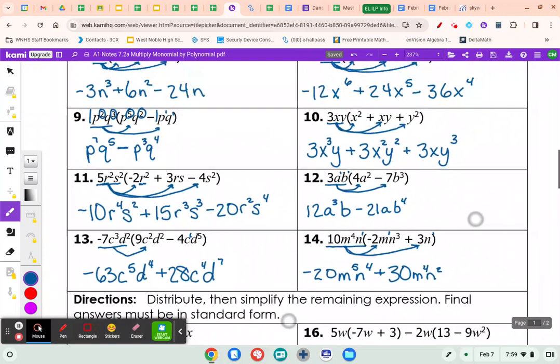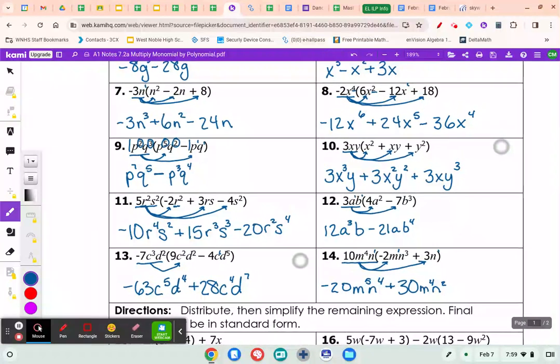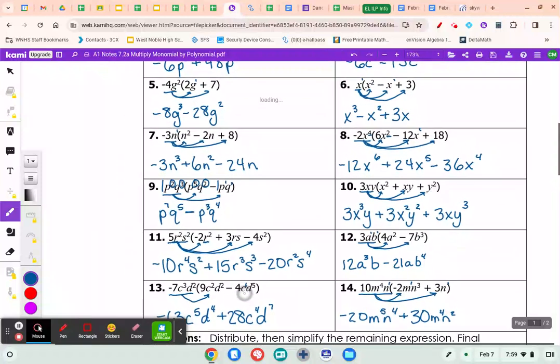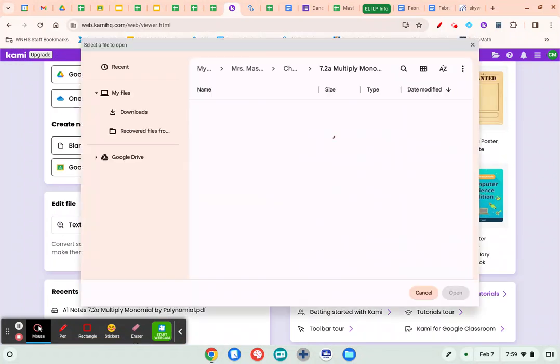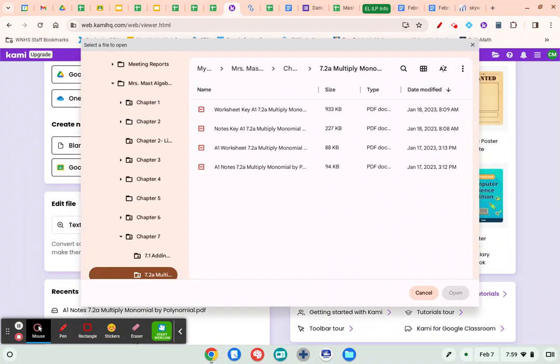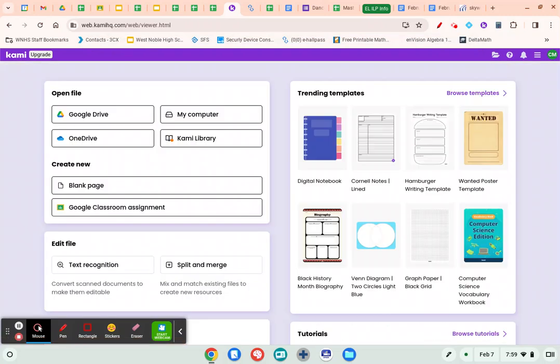With any extra time, guys, I would like you to go ahead and work on, let's see if I can pull it up, this worksheet. It's the next page in your packet.